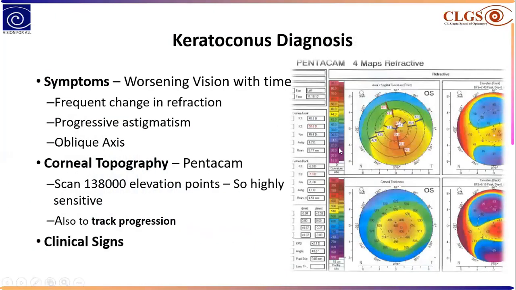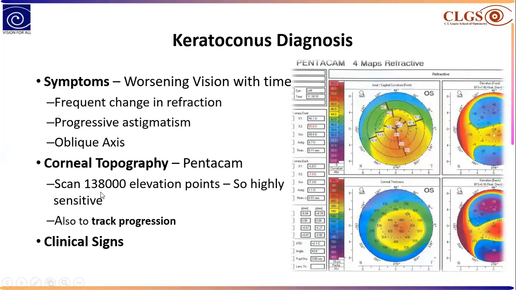So we all know how we diagnose keratoconus. One is on the basis of symptoms. Patients with keratoconus will report worsening of vision with time, frequent change in refraction, and we will see a progressive increase in astigmatism. Every 3 or 6 months, you will see a significant increase in astigmatism with an oblique axis. The second very important tool is corneal topography, and Pentacam is nowadays the gold standard.